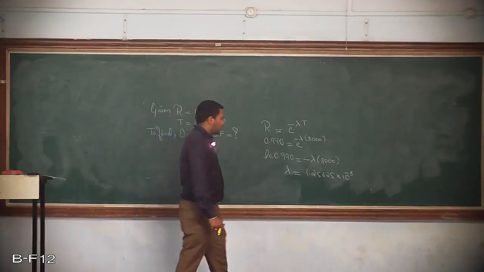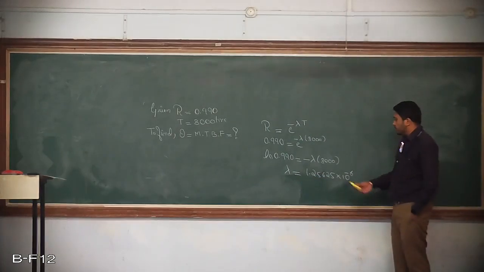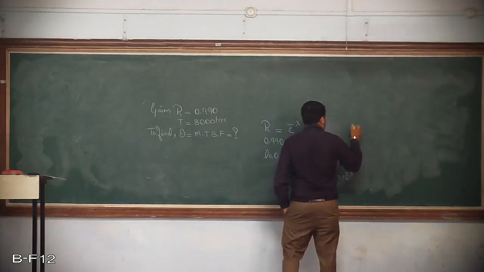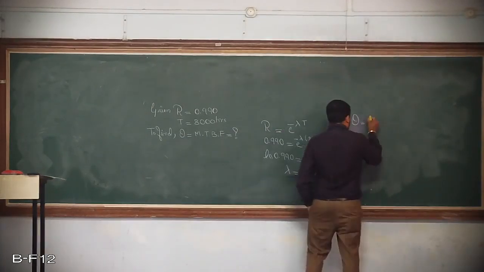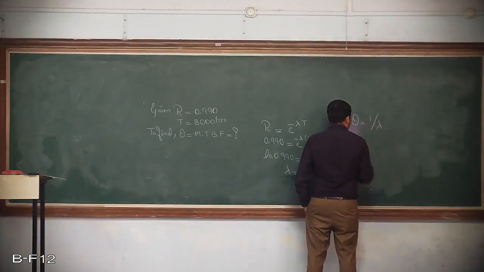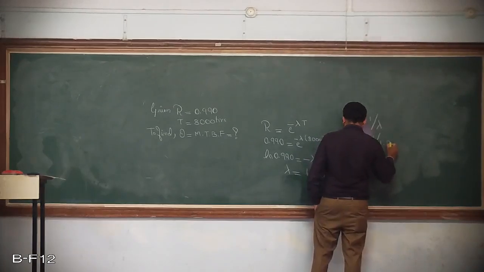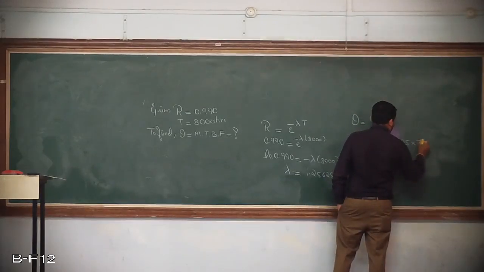The failure rate per hour will come as 1.25625 into 10 raised to minus 6. But we need to find out theta, that is the mean time between failure, and we know that theta is equal to 1 by failure rate per hour, that is 1 by lambda. So it is 1 by 1.25625 into 10 raised to minus 6.